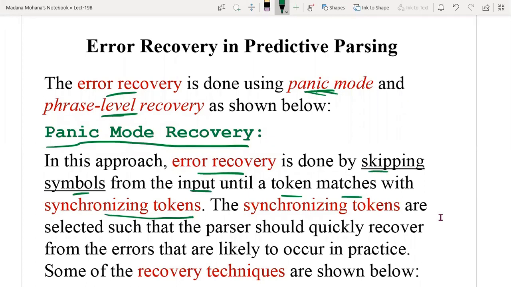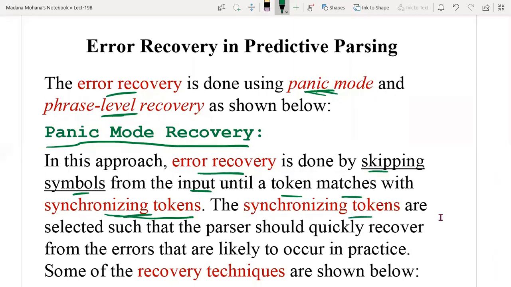Previously we mentioned that if the top of the stack contains a terminal that is not matching the input symbol, an error occurred. At that time, you have to skip input symbols until an input symbol matches the top of the stack. That is called the synchronizing token.